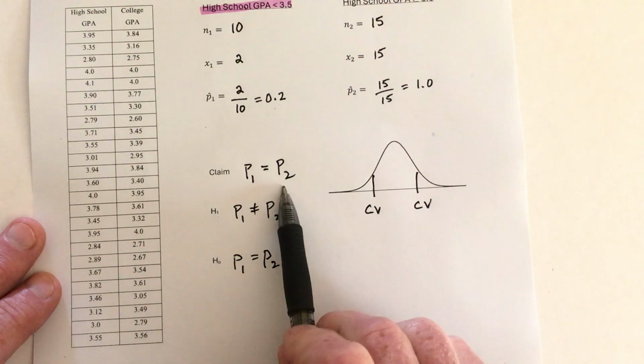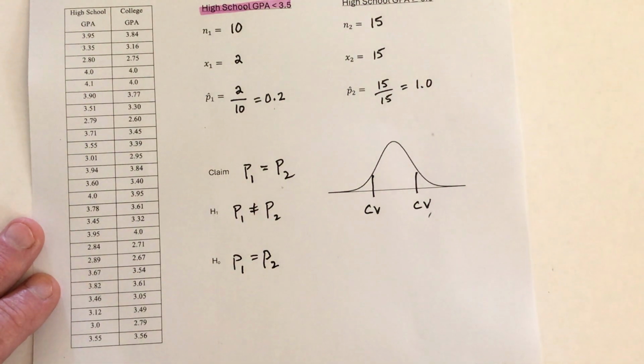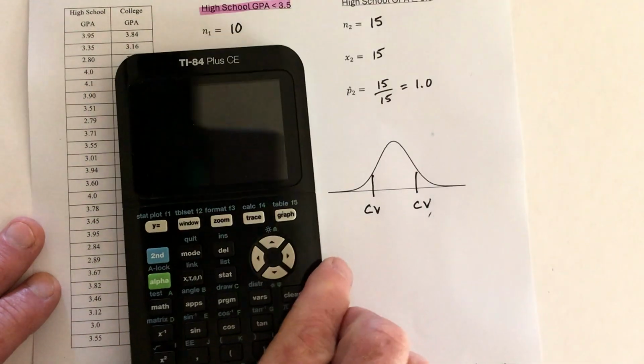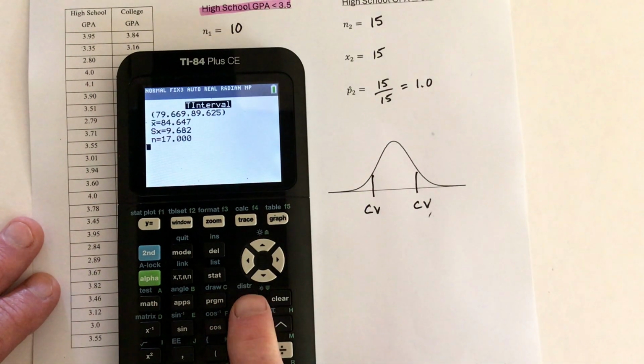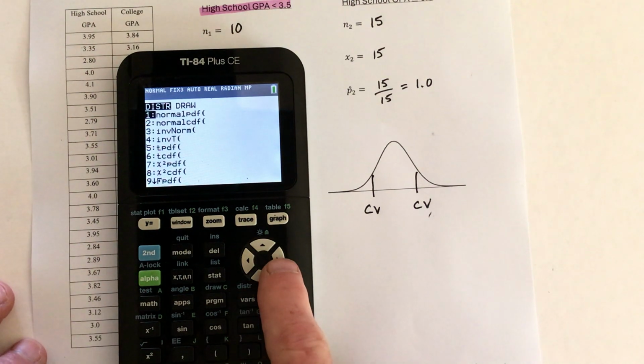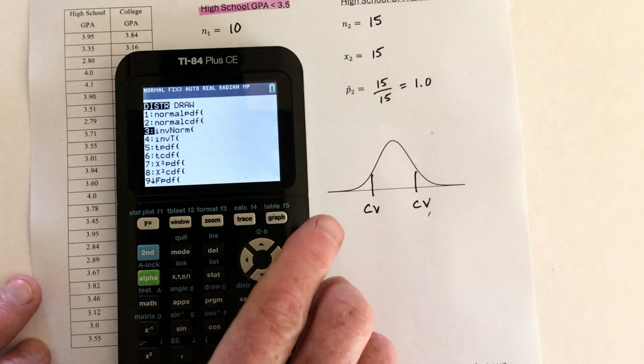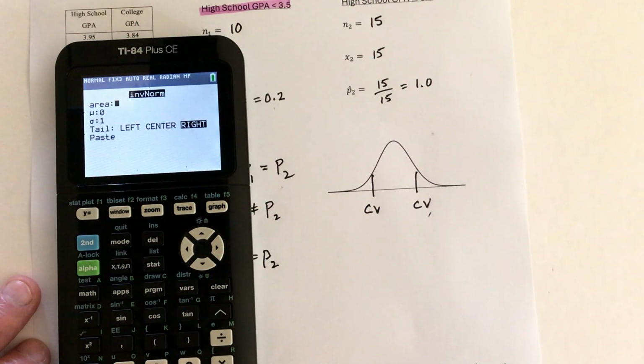When you're dealing with proportions, that means the critical values are going to be Z. So if you go to distribution, second distribution, and then do number 3, the inverse normal, it's going to ask for the area.